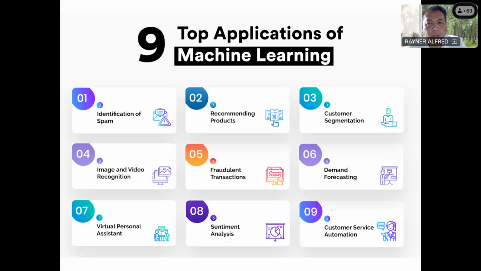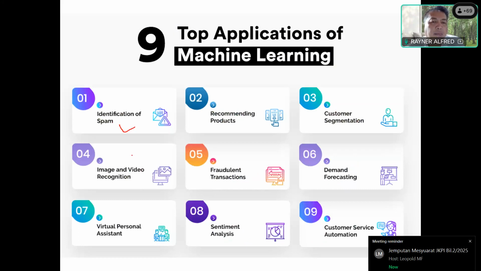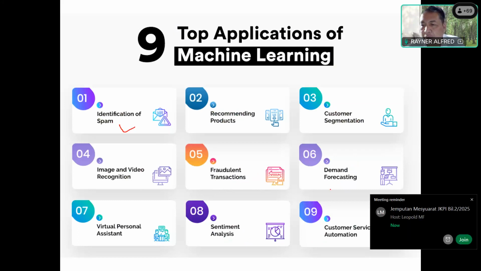So this is some of the top application of machine learning. Try to identify spam, image and video recognition. So this is like face recognition, face expression recognition, signature recognition, and so on. Okay. So we also have virtual personal assistant. We have sentiment analysis. So this one is looking into positive and negative sentiment. We also have fraud detection for the transaction.